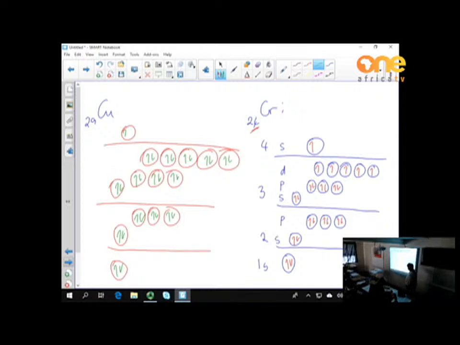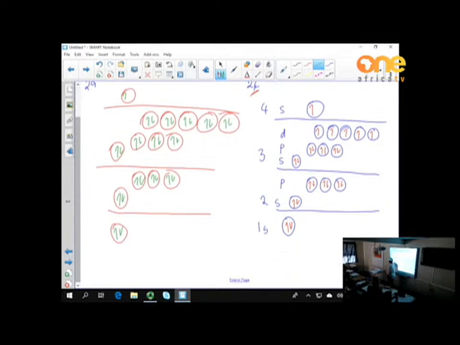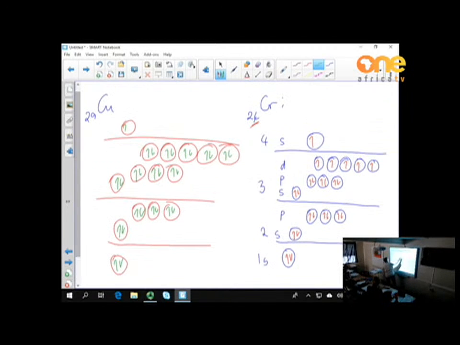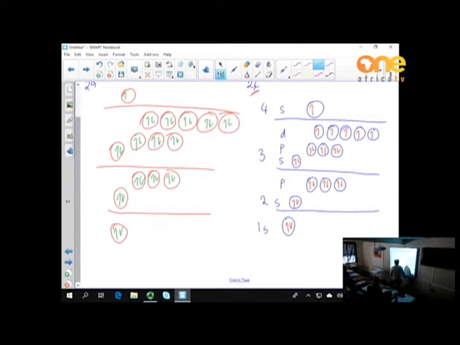Okay, now, from this, they go and say to you, give the spd notation of, for example, chromium. So now you go and say to them, we have chromium, and the 1s subshell has 2 electrons. 2s subshell has 2 electrons.